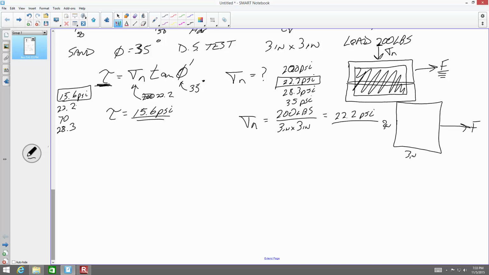So we need to now calculate what kind of value F it needs to shear that, to generate a shear stress of 15.6. 15.6 times 3 times 3, and that comes up to be 140.4 pounds. So that's the force we'd have to pull on it with to actually cause the movement to occur.